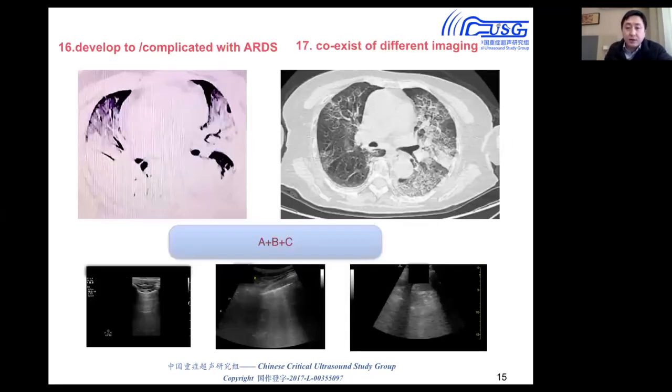That's very important. So this is a chest CT and the non-ultrasound signs of the COVID-19 patient.